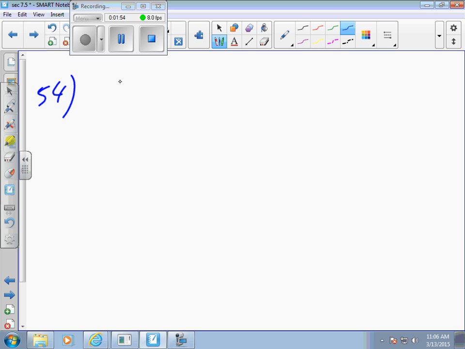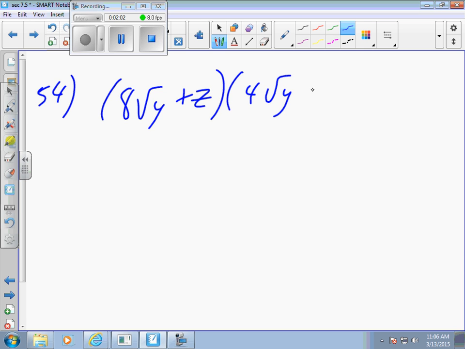Let's try 54. It says 8 root y plus z times the quantity of 4 root y minus 1. Again, when we have numbers with coefficients outside the radical, we would multiply those. So I get 32. And then we multiply numbers under the radical. I get square root of y squared.